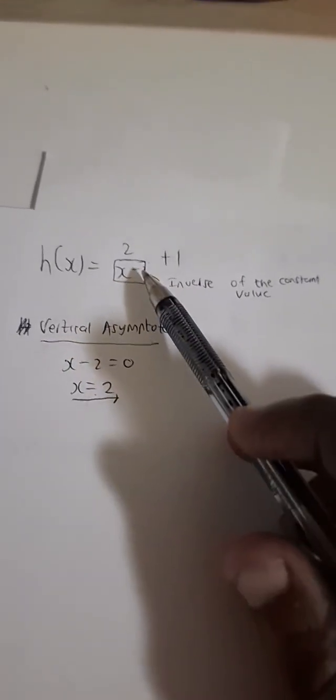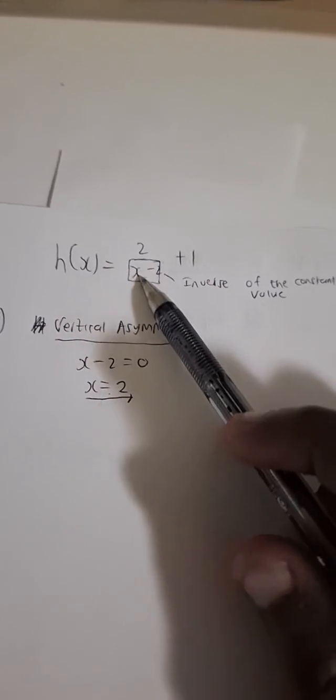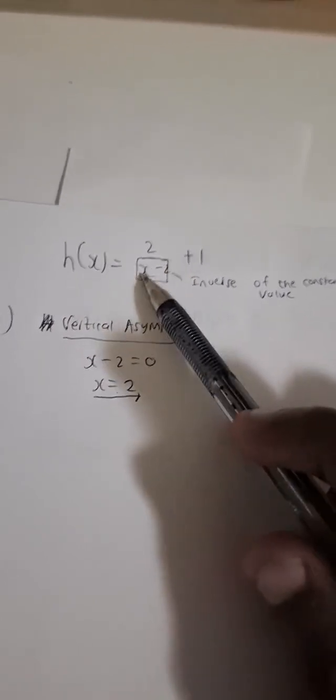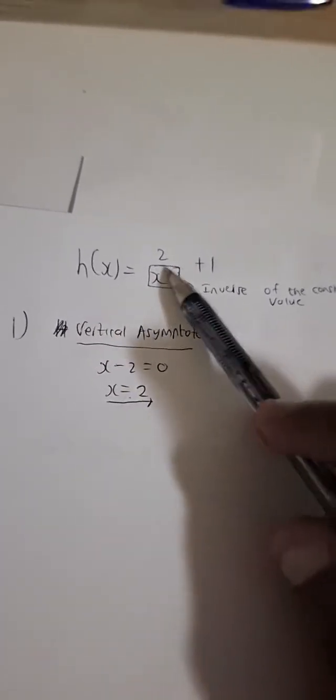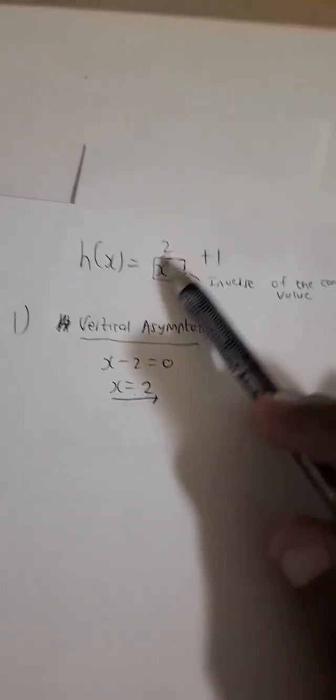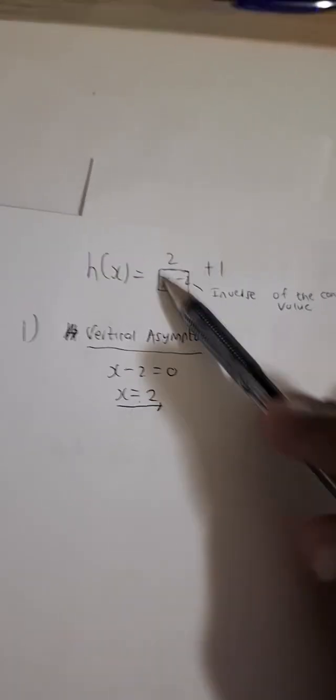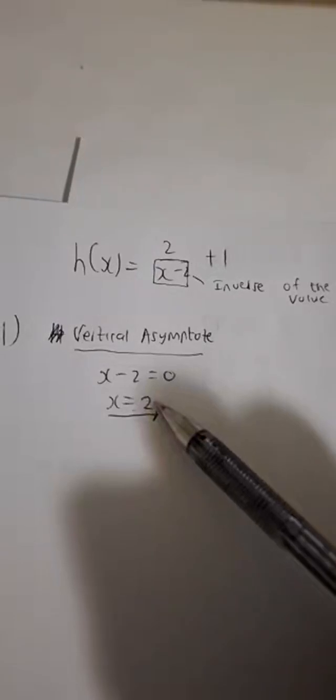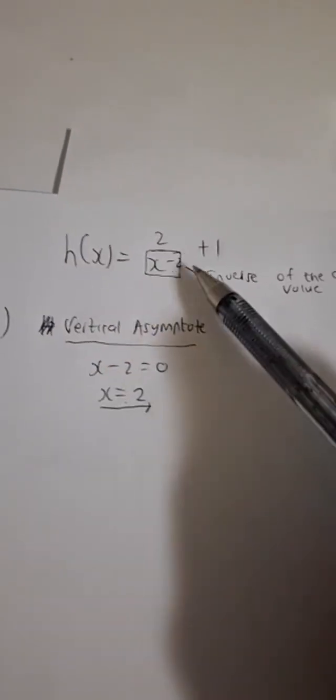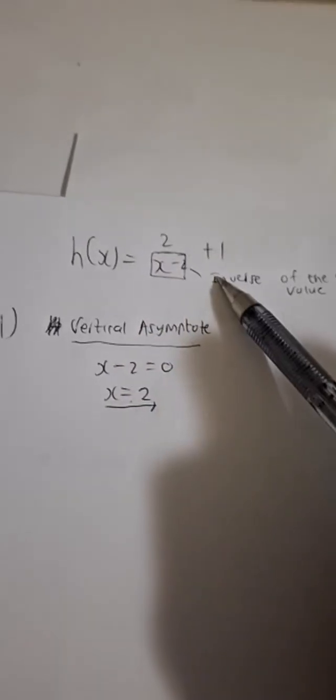Remember, when x is 2, in the denominator, 2 minus 2 will give us 0. And if we have 0 in the denominator, this function is not defined. Okay? So that is why we say that x is equal to 2 is the vertical asymptote of a hyperbolic function.